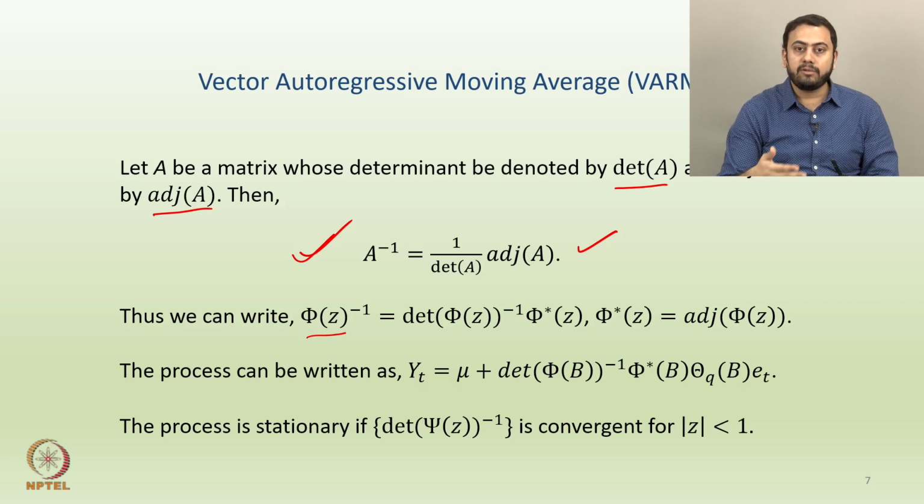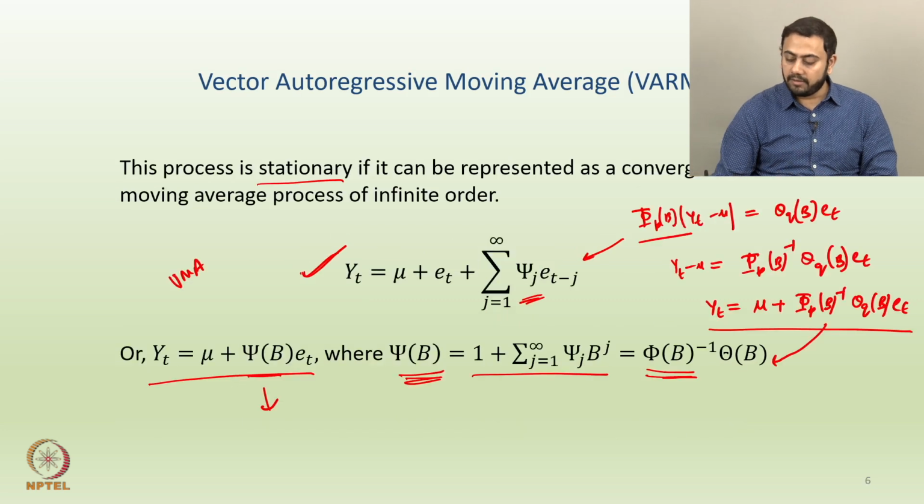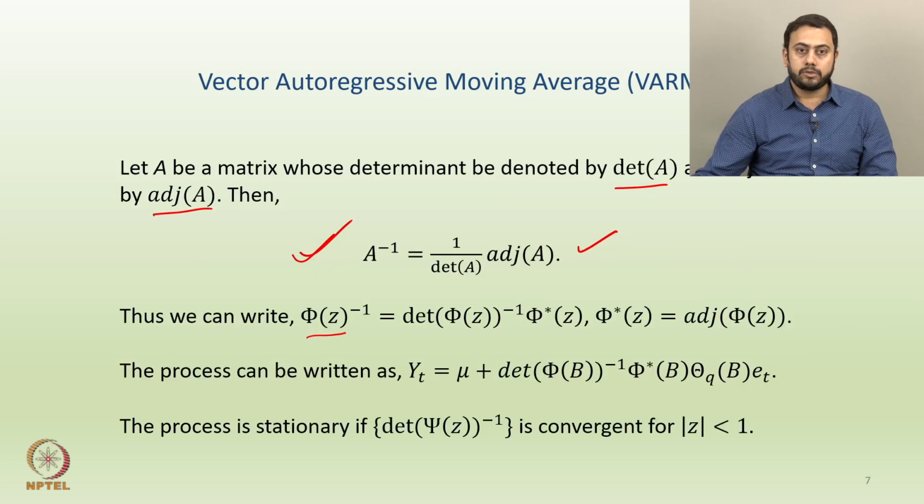But using this relation, we can write down a small expression for the inverse of this phi z matrix. And why are we more concerned about the inverse of the phi z matrix? Because if you go back for a second, we have exactly this matrix with us, isn't it? So it will be a nice idea to express this inverse matrix using determinant or adjoint. So I can write down the inverse of this phi z matrix as 1 by determinant, so determinant inverse into phi star z, where phi star z is the adjoint.